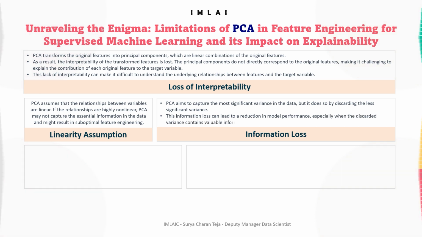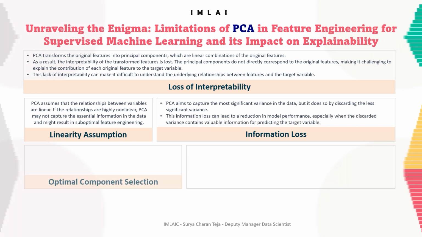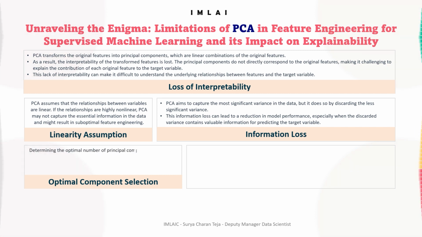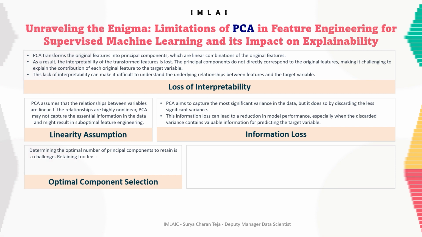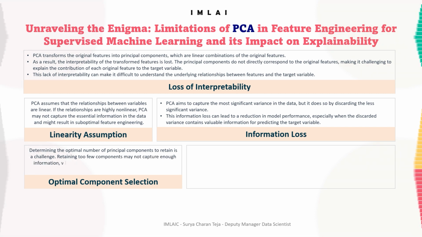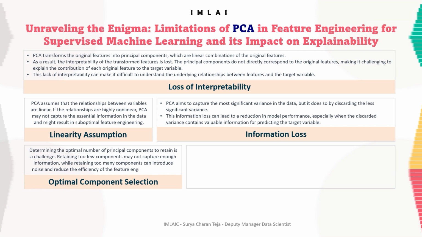Next is optimal component selection. Determining the optimal number of principal components to retain is a big challenge. Retaining too few components may not capture enough information, while retaining too many can introduce noise and reduce the efficiency of the feature engineering process.